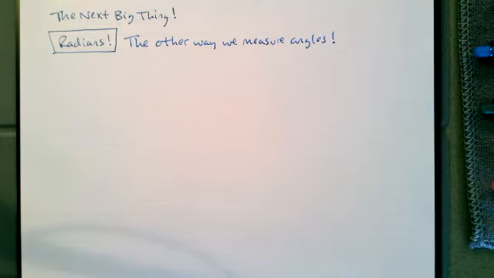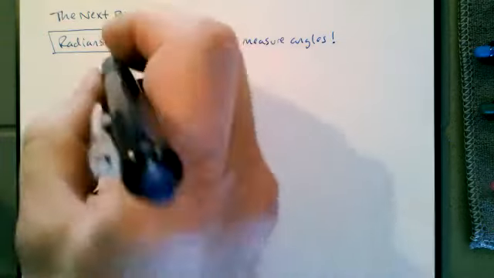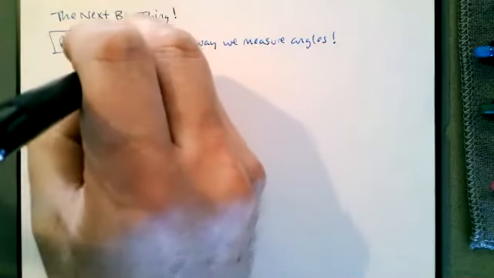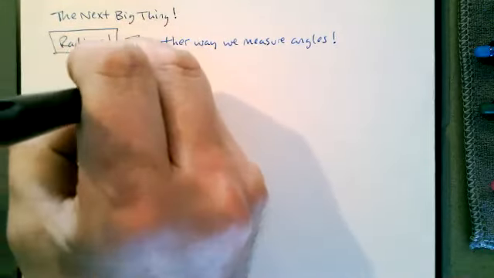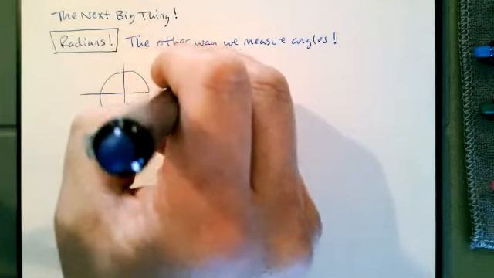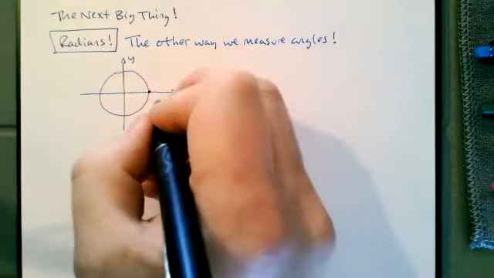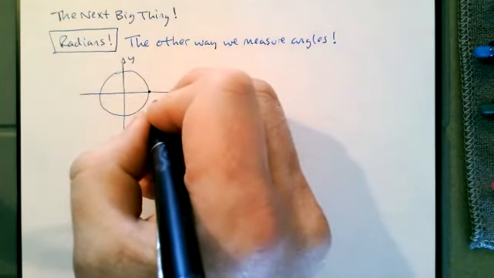Radian measure is the other way we measure angles. So let's talk about that. We know that if we go around a whole circle, then that is 360 degrees. So an angle that goes all the way around, that's going to be at 360 degrees.